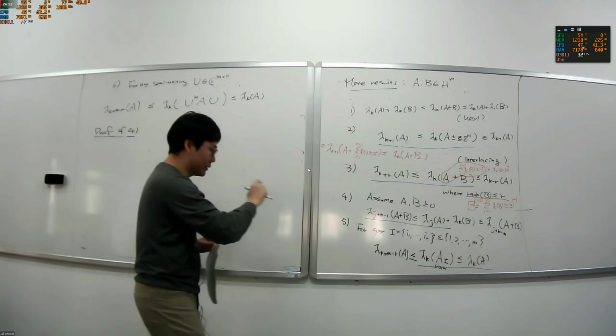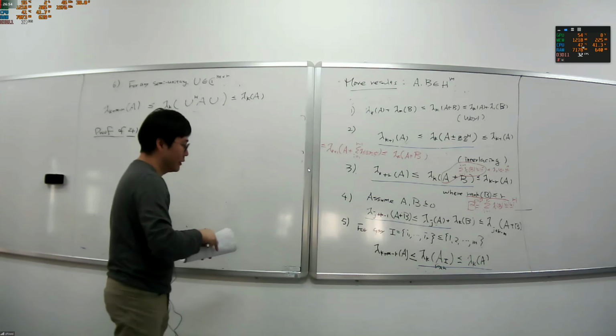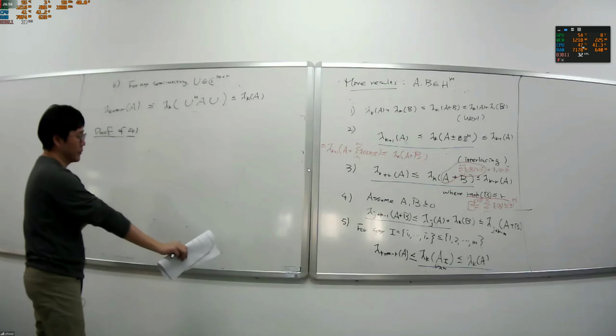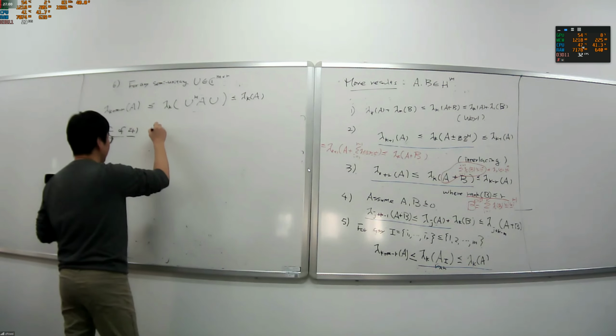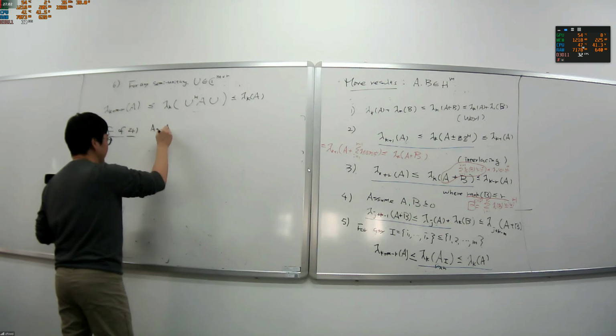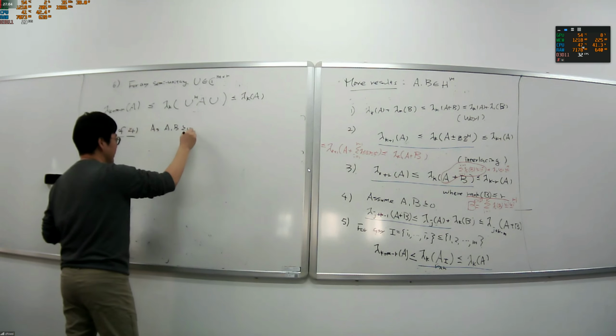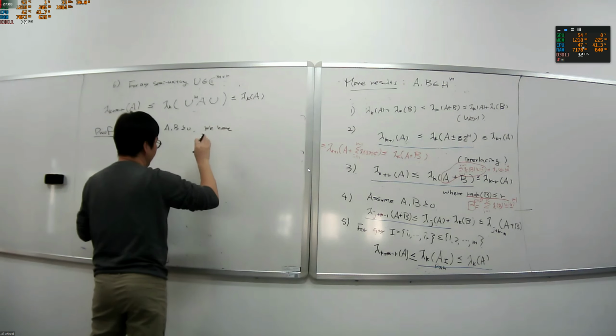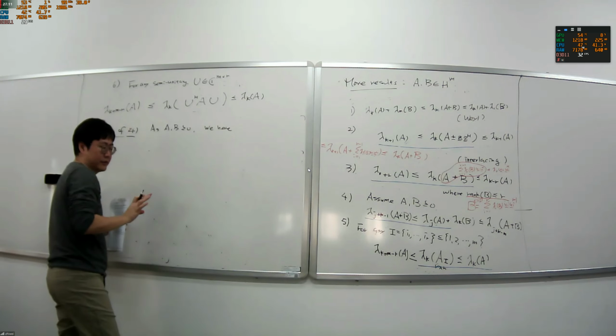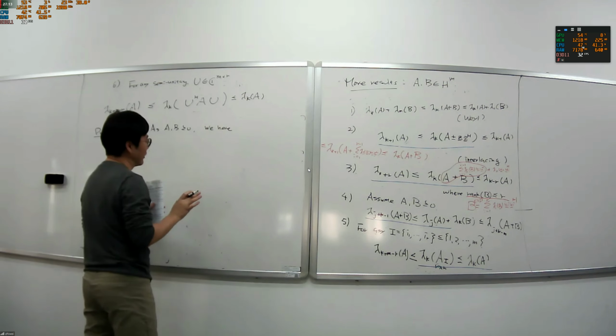And let's check the fourth one. Because A and B are PSD, we can have their EVD, and their eigenvalues are non-negative.